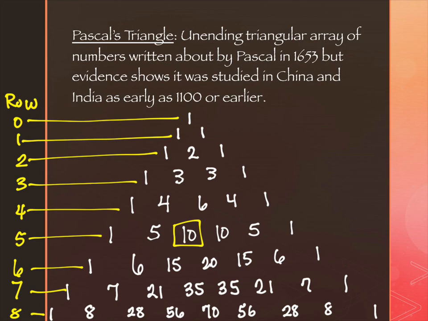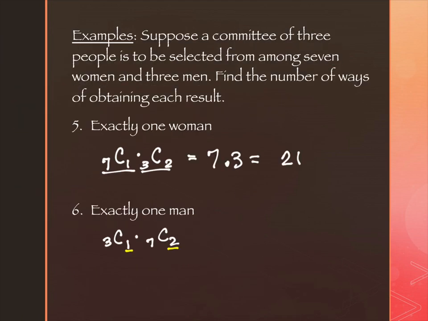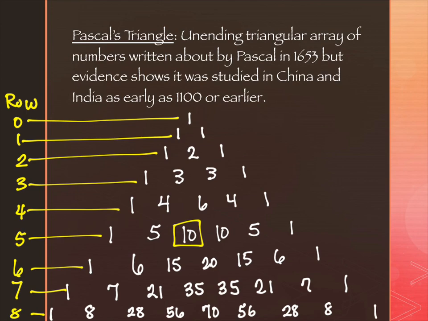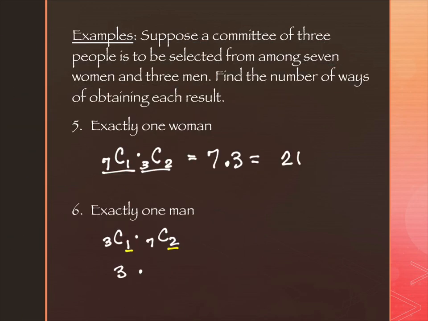Row 3, first entry, that's not the number 1, it's a 3. So I get another 3. And then 7C2. Yep, 7C2 puts me at the 21 right here. And 3 times 21 is 63. Clever, right? Very clever.